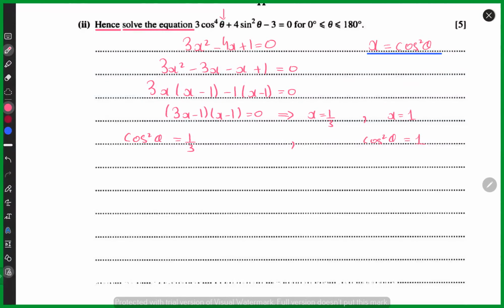All right. Next, cos theta is equal to plus minus root 1 by 3, and cos theta is equal to plus minus 1.